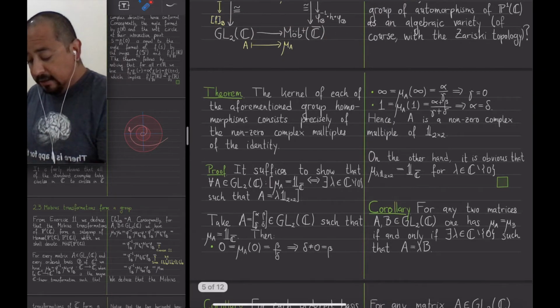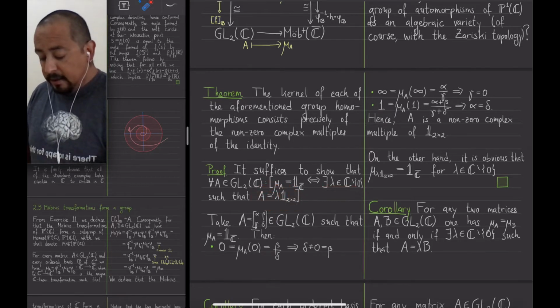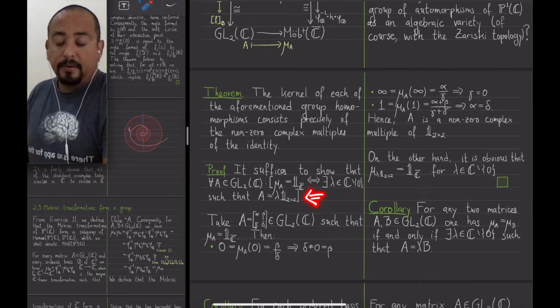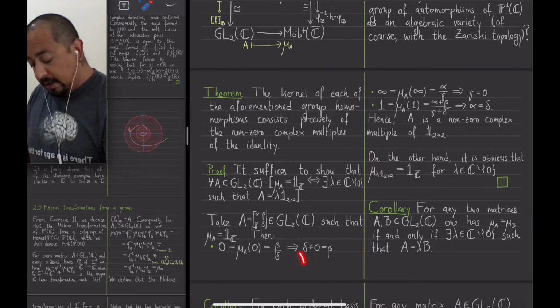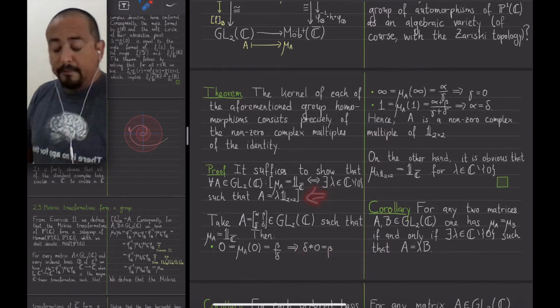That is, for any given matrix, its associated Möbius transformation is the identity if and only if the matrix itself is lambda times the identity for some non-zero lambda. Now, this direction is obvious. Think about it: you have lambda z plus 0 divided by 0 z plus lambda, which is z, right? So this direction is obvious.